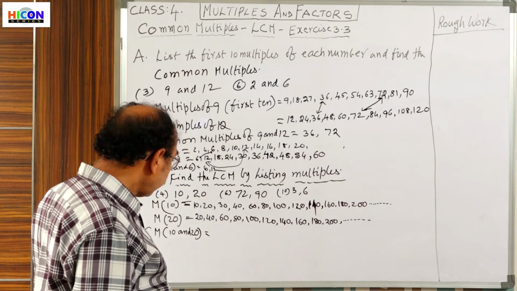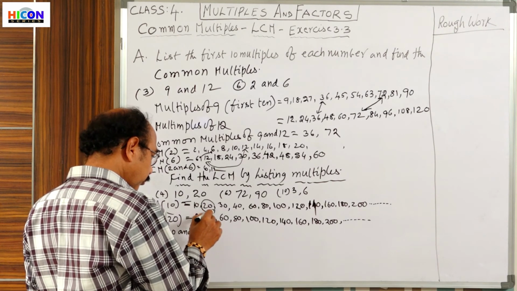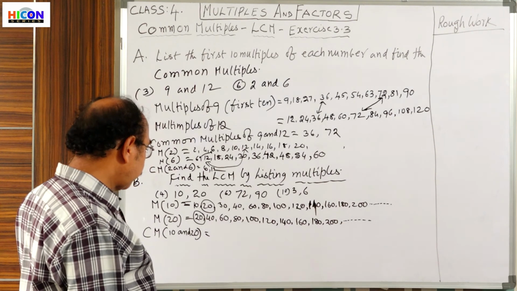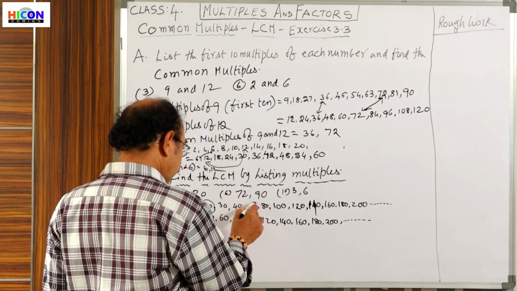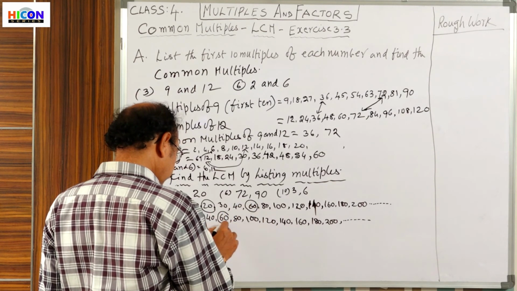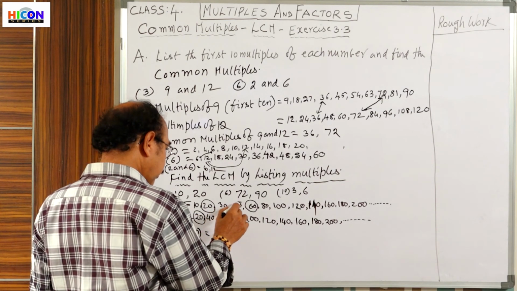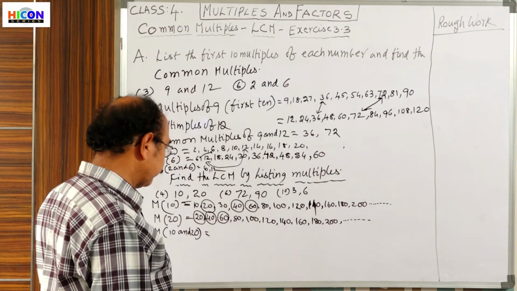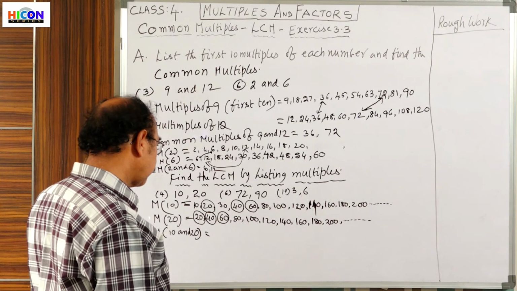Here 20 is the common one. Next, 60 is there. And here 40 is there. 40 is also there. See here. 80 is there. Okay, children.